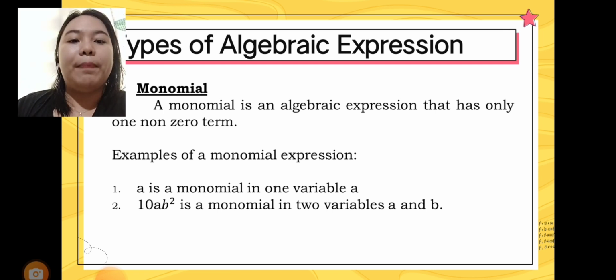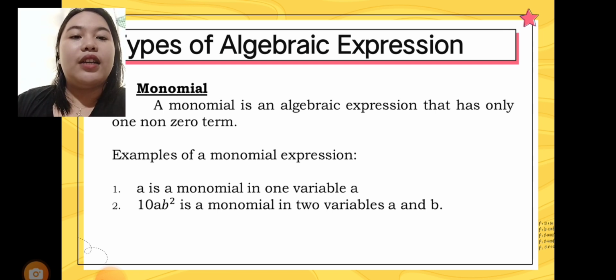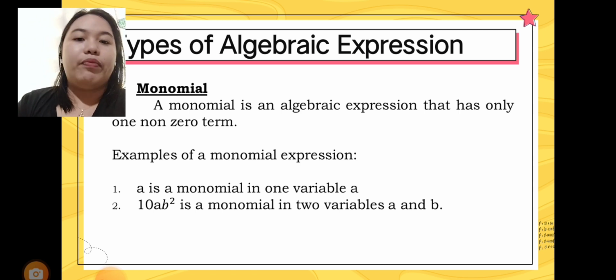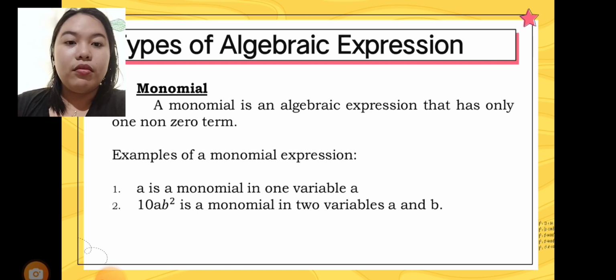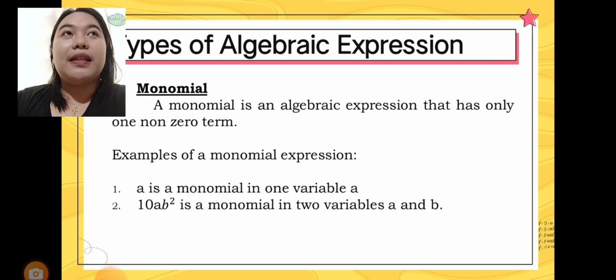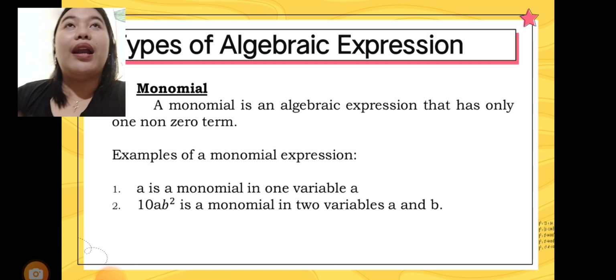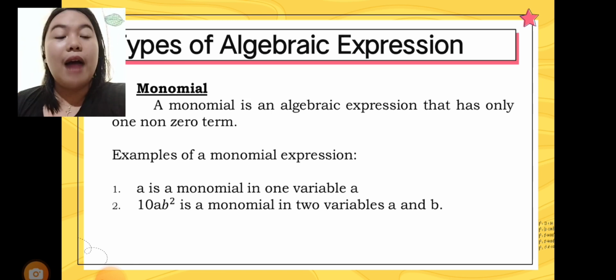For example, A is a monomial in one variable A. That is the first example. And the second example, 10AB squared is a monomial in two variables A and B. A monomial means one term, with no operation separating the term. So that is the monomial.